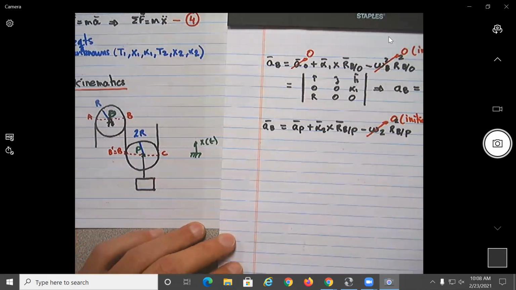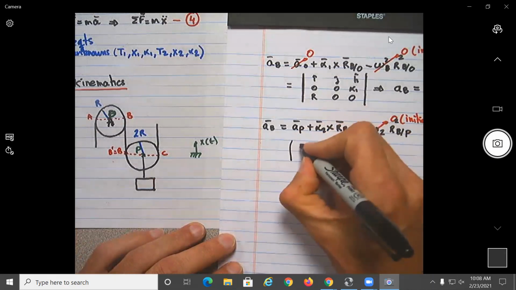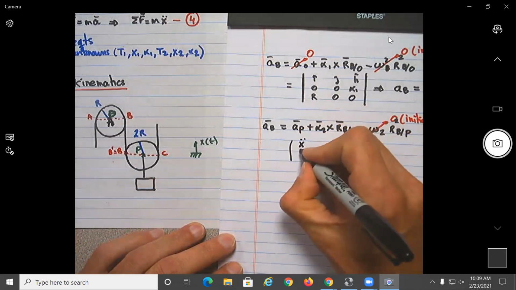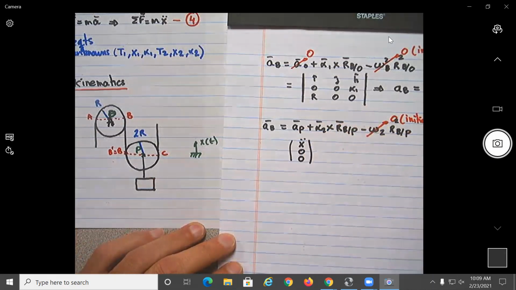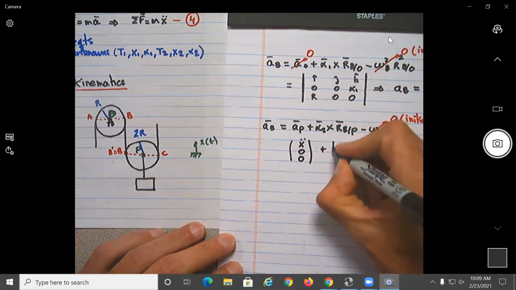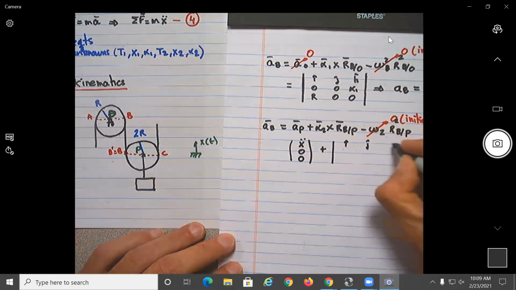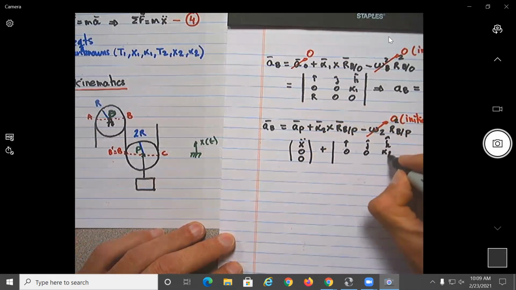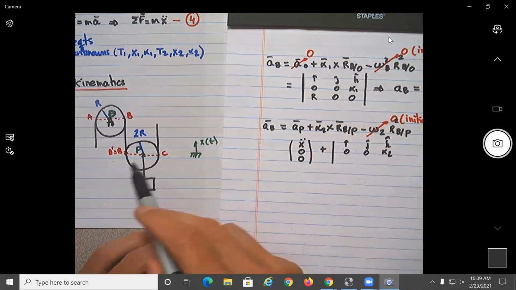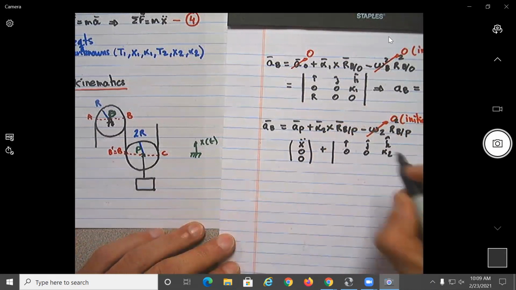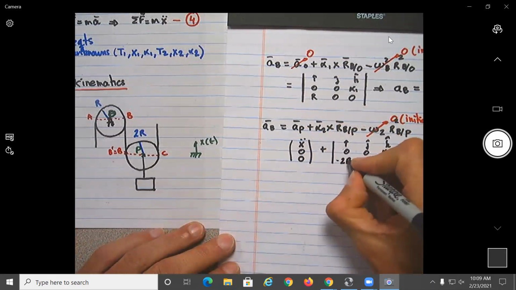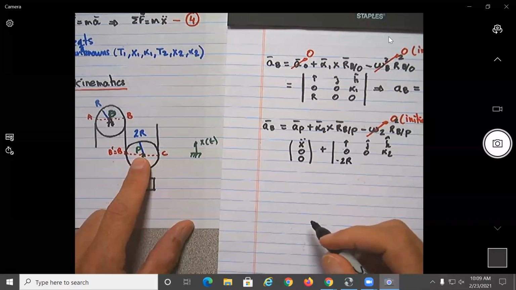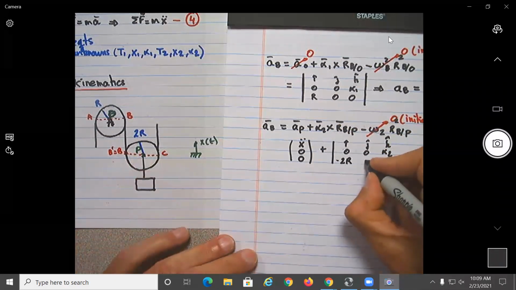So really, if you do this one, this should be equal to what? If we do the vector, it will be x double dot, 0, 0, no? Plus the i, j, k, 0, 0, alpha 2. And what would be the position of B with respect to P? Minus 2R, 0, 0.